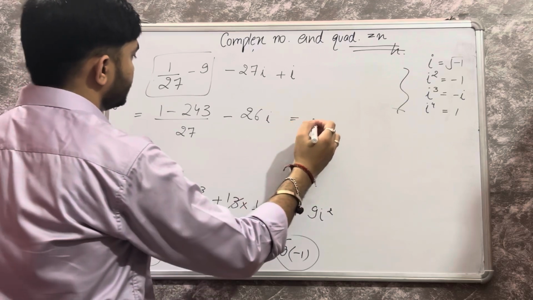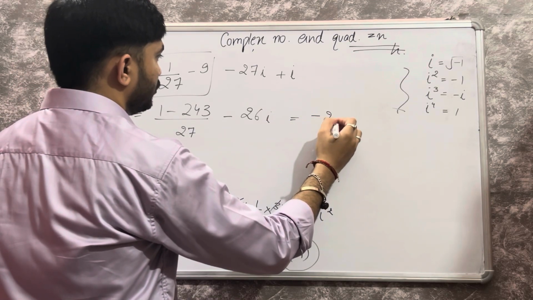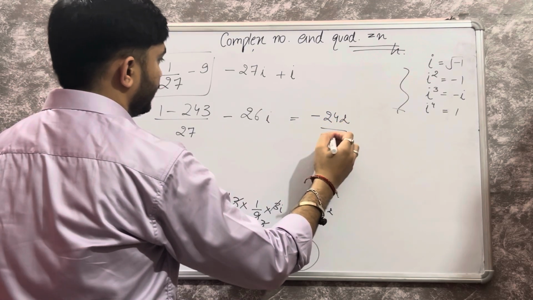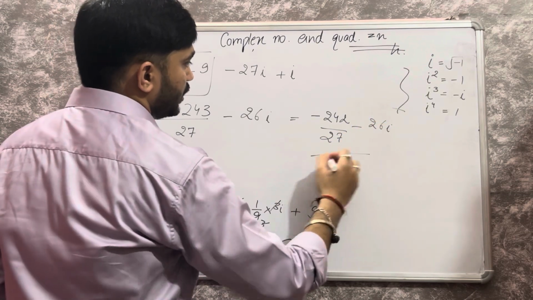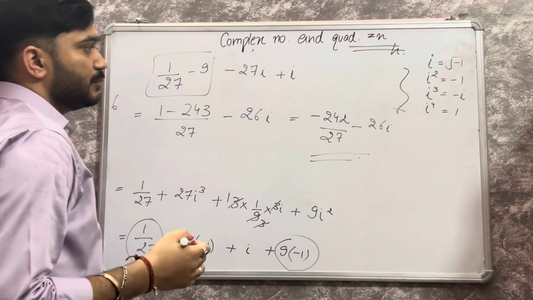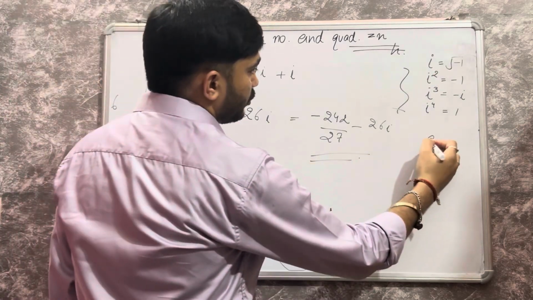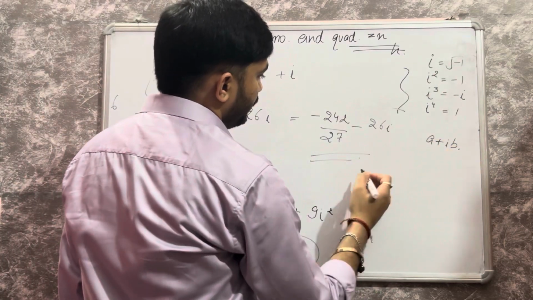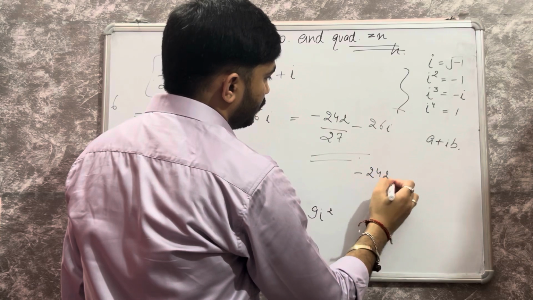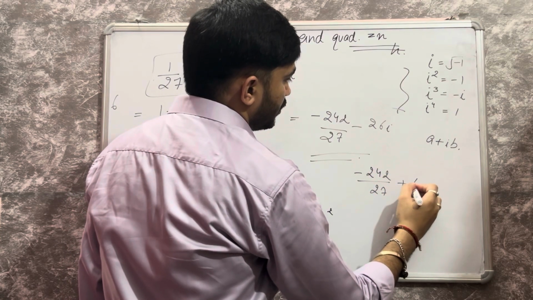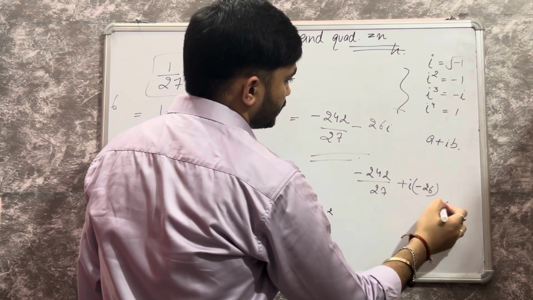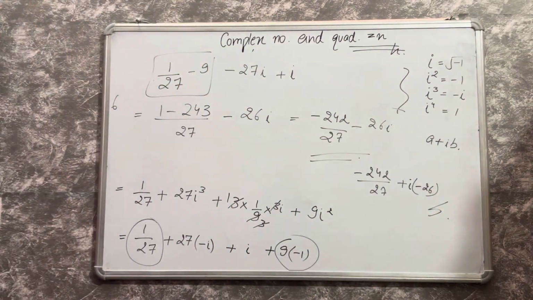So you will get the answer minus 242 divided by 27 minus 26 iota. Since we have to represent it in the form of a plus iota b, we will have minus 242 divided by 27 plus iota into minus 26. Any doubts?